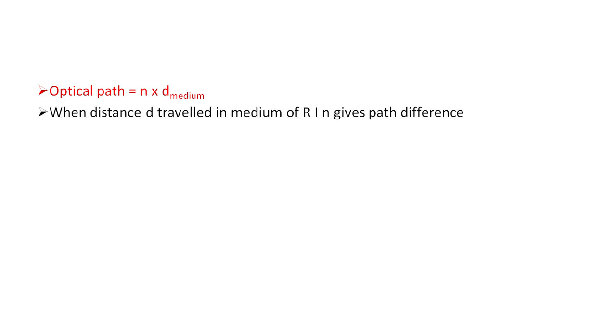When a distance d is traveled in a medium of refractive index n, the path difference is equal to nd minus d, taking d common, d into n minus 1.